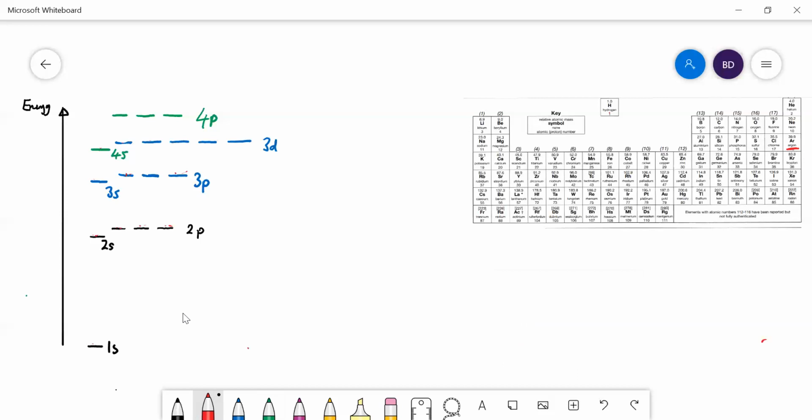Hydrogen and helium just have electrons in 1s. Then we get onto the second shell, so that's the 2s and the 2p. Lithium and beryllium just have electrons in 2s. When you get to this lot over here, then you start filling up the p shell. The p shell starts filling up that way.